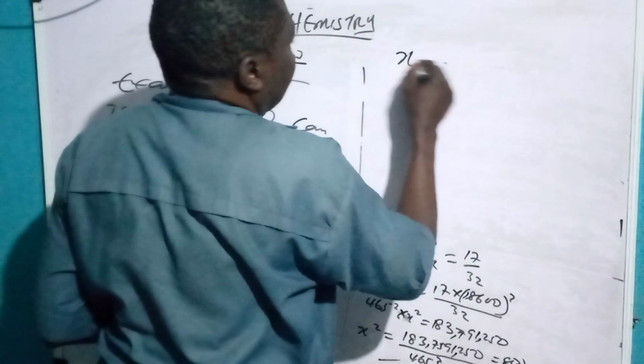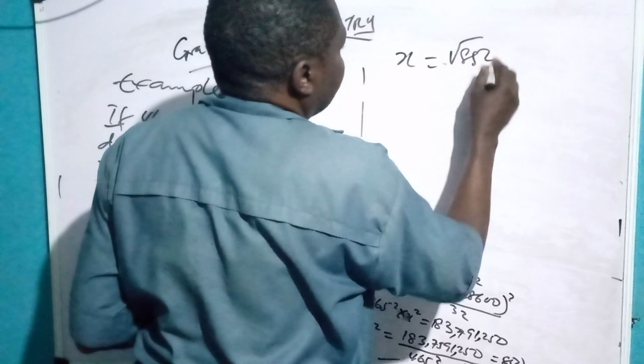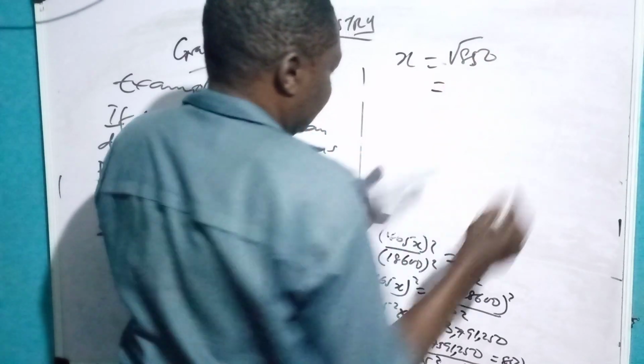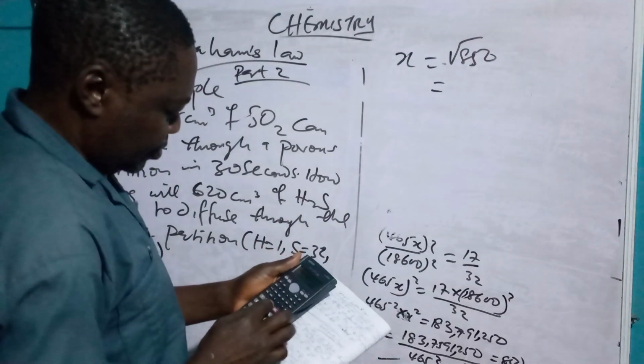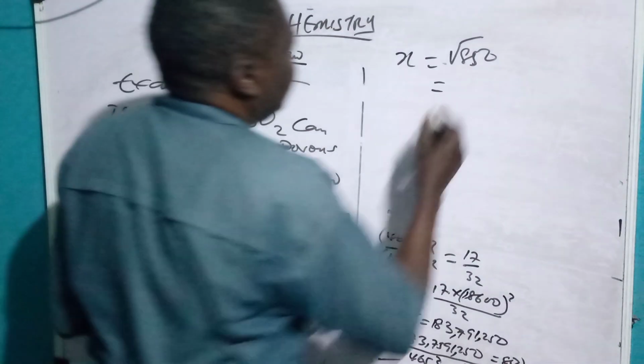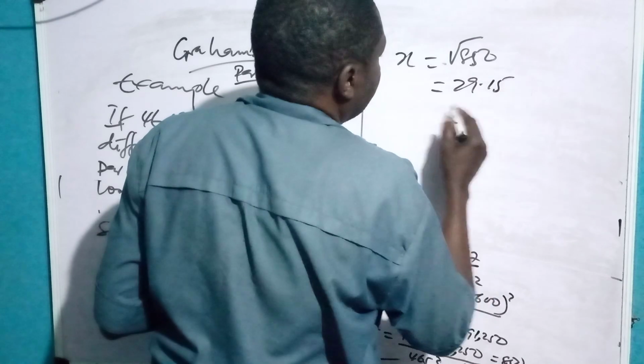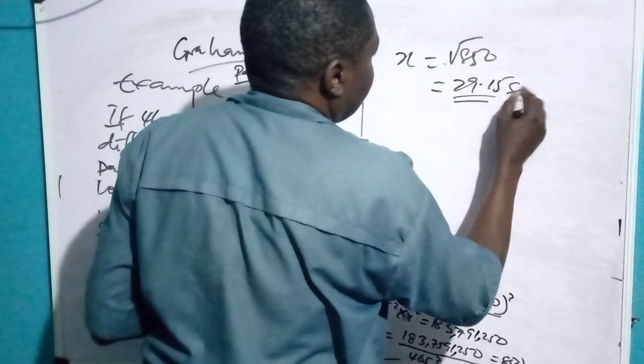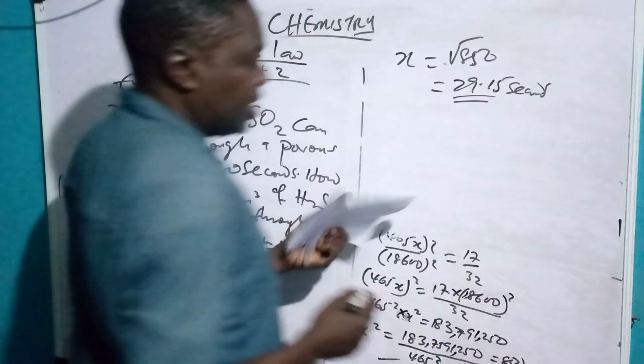So x will now be the square root of 850, which gives you 29.15 seconds. Ordinarily, 29 if you like.